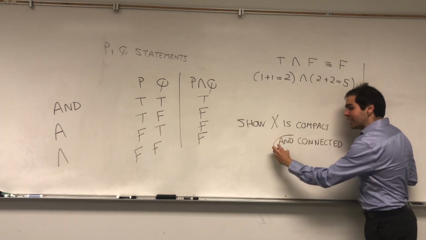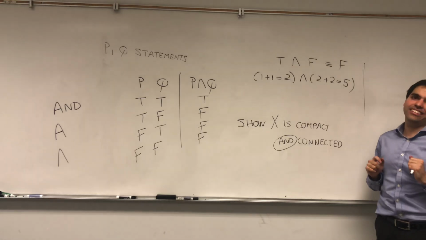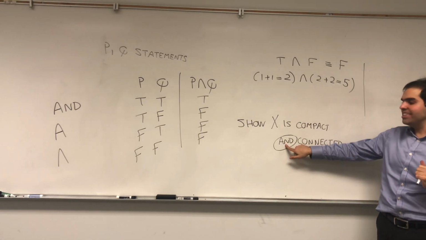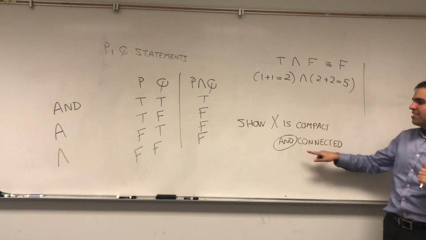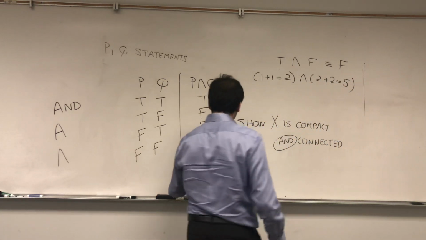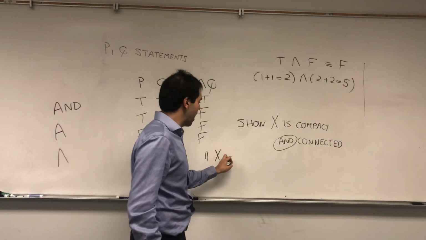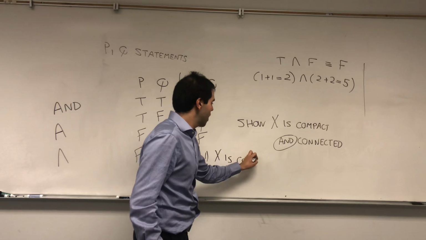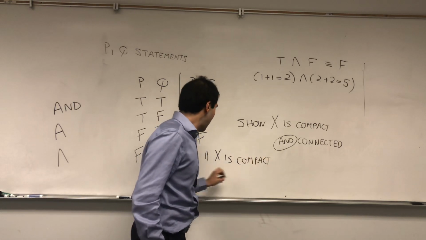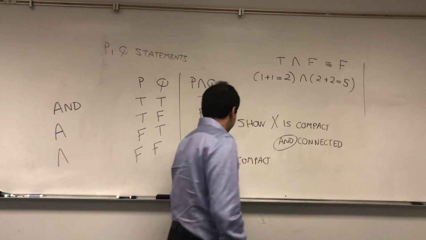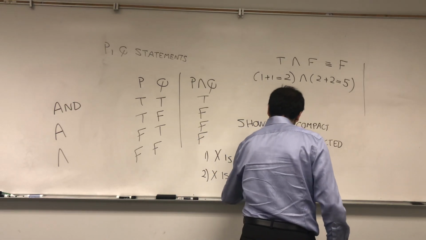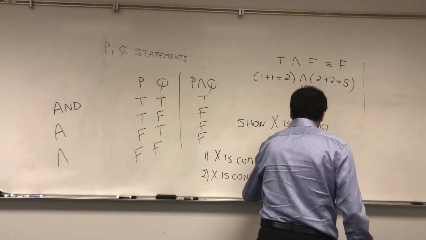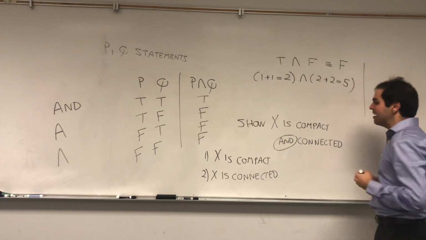Well, it's the word and that indicates the first step. Usually if you see an and statement, what this means is you have to show two things. X is compact and X is connected. And then it's up to you to show those two little statements, okay?